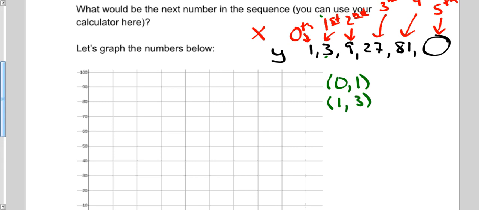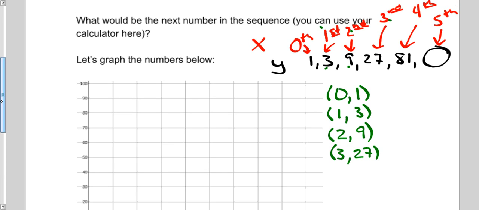And my third point is going to be when x is 2, y equals 9. And then my next point, when x equals 3, y equals 27. And then up here again, when x is 4, y equals 81.